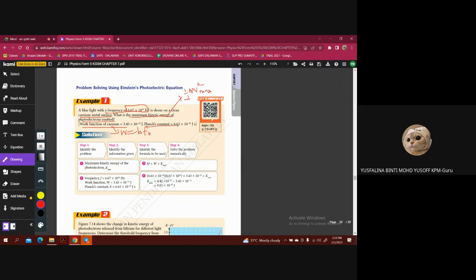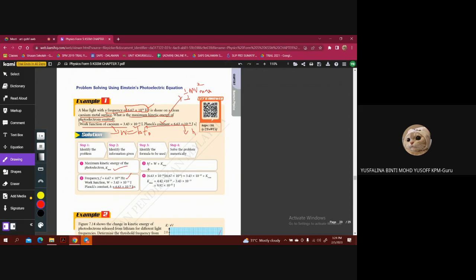And this Planck constant is h, which we already know. I already took out the formula. The frequency is 6.67 times 10 to the power of 14. They give you the frequency f, the work function W already given, and the Planck constant also given in the question.